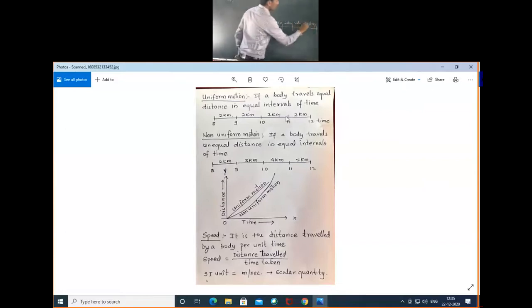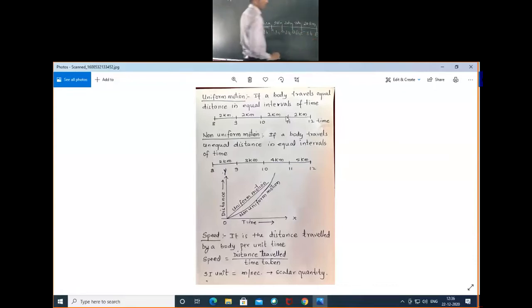So 20 kilometers I am traveling. This is place A, place B, place C, place D, like that. For every 20 kilometers I am taking 1 hour. 1 hour, 1 hour, 1 hour, 1 hour.